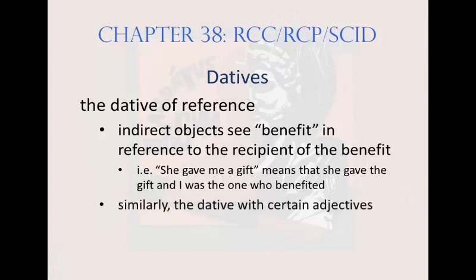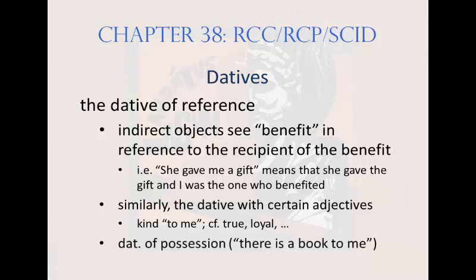Likewise, datives with certain adjectives show who is affected by the adjective, as in, she was kind to me, or true or loyal. She may have been a complete monster to others, but seen from my reference point, she was always really kind. Even the dative of possession can be viewed this way.